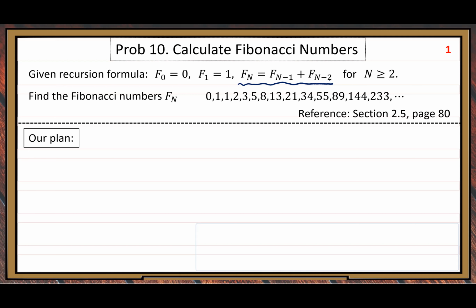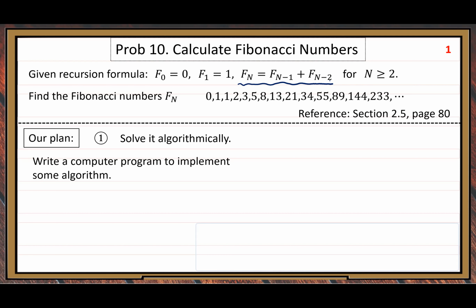Our plan, because we need to learn some interesting properties. So we make our plan. The first time we solve it algorithmically. So we use computer algorithms to solve this problem, that is, write a computer program to implement some algorithm. That's the first way. The second way is to solve it mathematically.